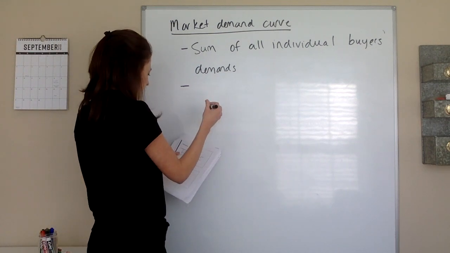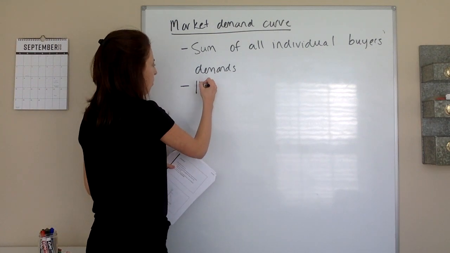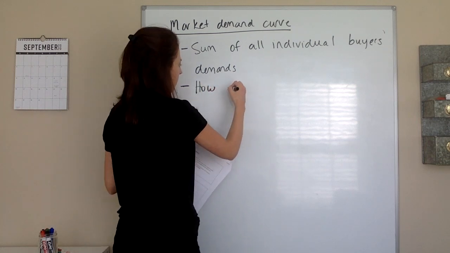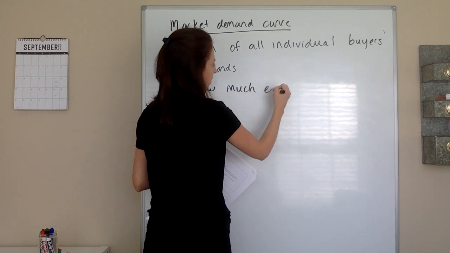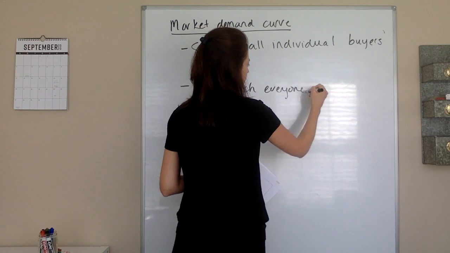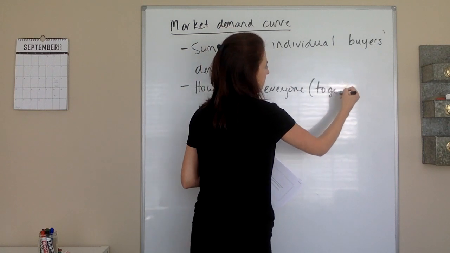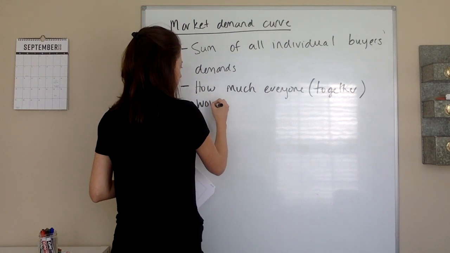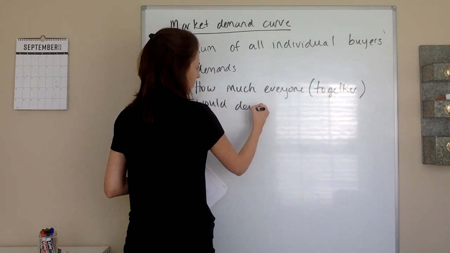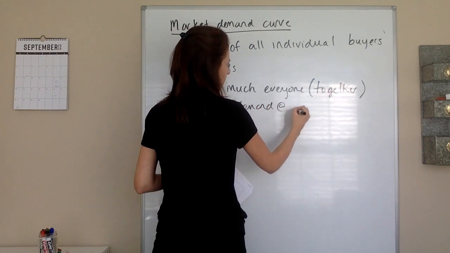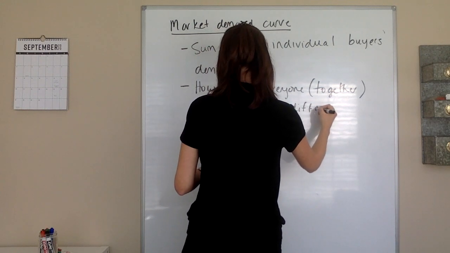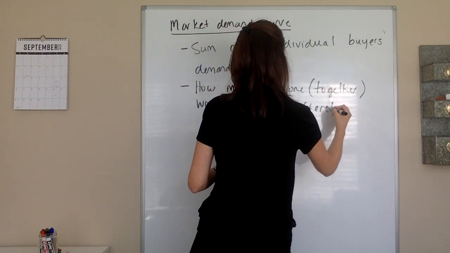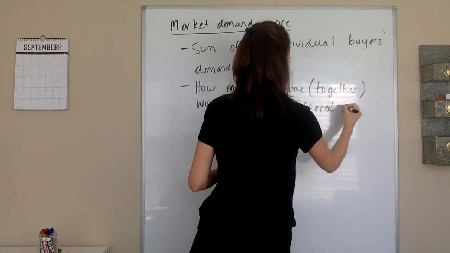So another way of thinking of this is it is how much everyone, to reiterate this together, would demand at different prices.